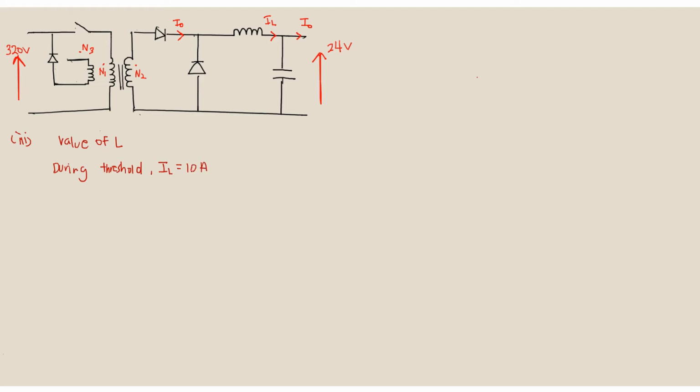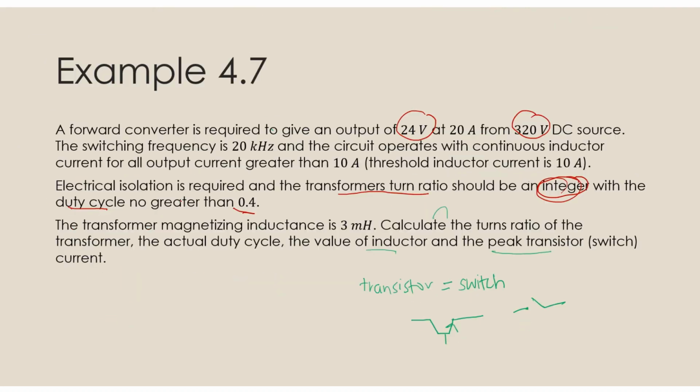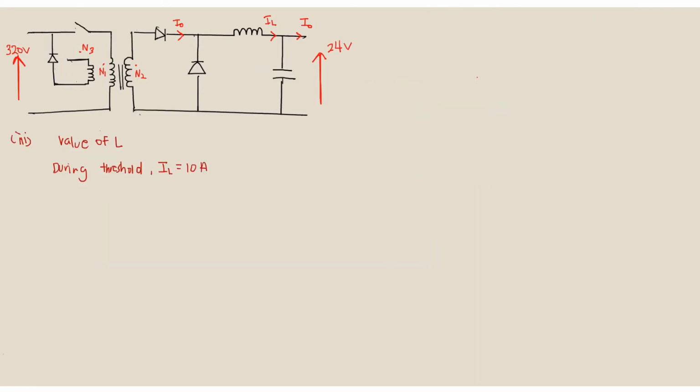So in here, the question says, let's change the pen color again. It says that during the threshold, the inductor current is 10 ampere. So let's use that information here. If you can see here, IL equals 10 ampere.